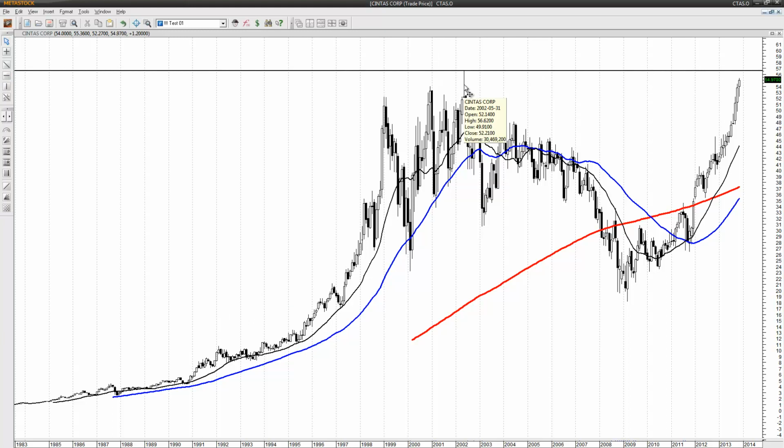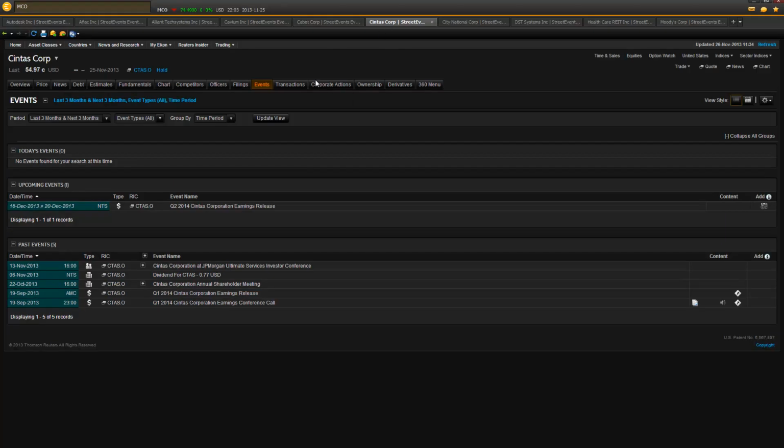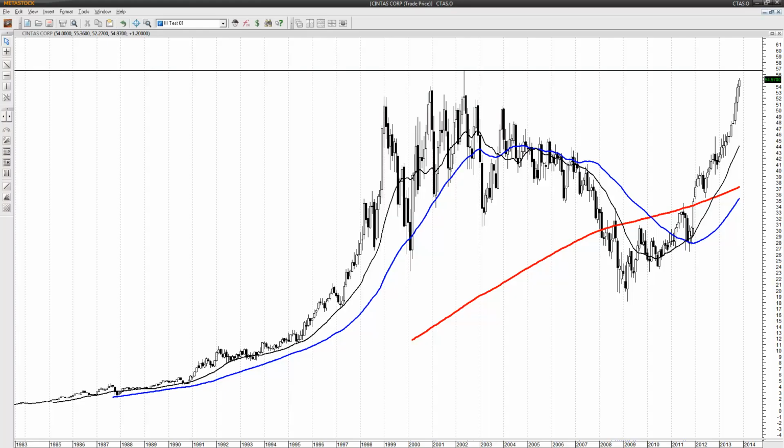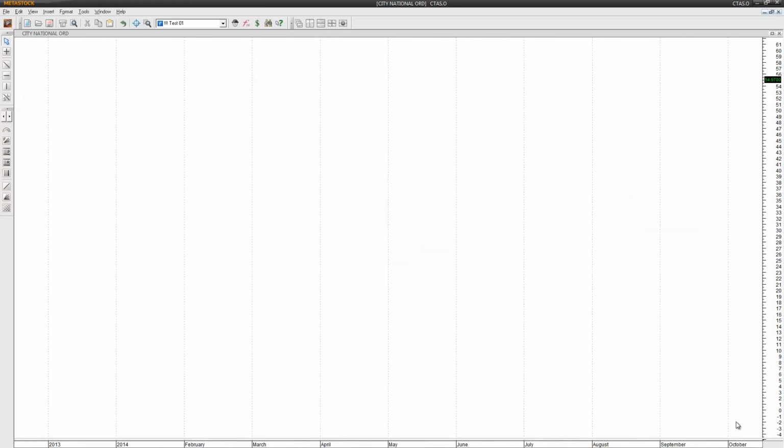The high peak from 2002 is where I put in my short sell limit order, and the print is 56.62. Check for earnings on Cintas. No earnings in the near future. Next chart.